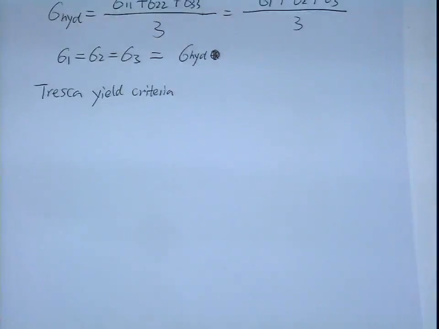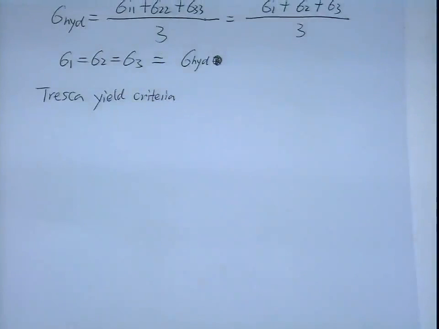So, Tresca yield criteria. It's interesting in the mechanics world, a lot of theory is associated with some big names. Like this one, Tresca, is the name of a scientist. But that doesn't tell you anything.